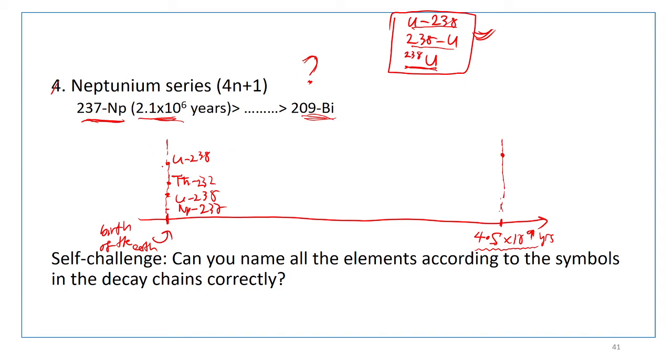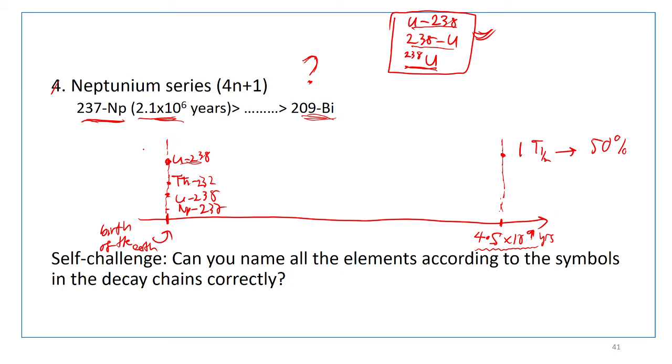Meaning all the uranium 238 nuclei on this Earth have decayed for only one half life, so there is still 50% of uranium 238 present at the current time.